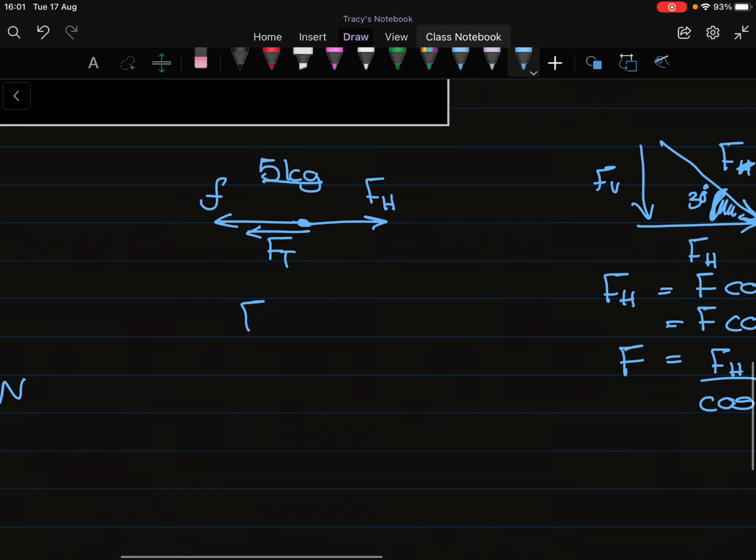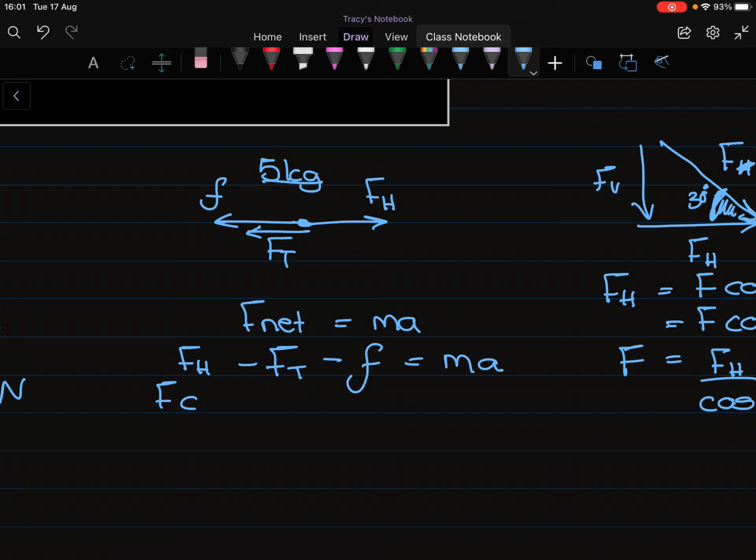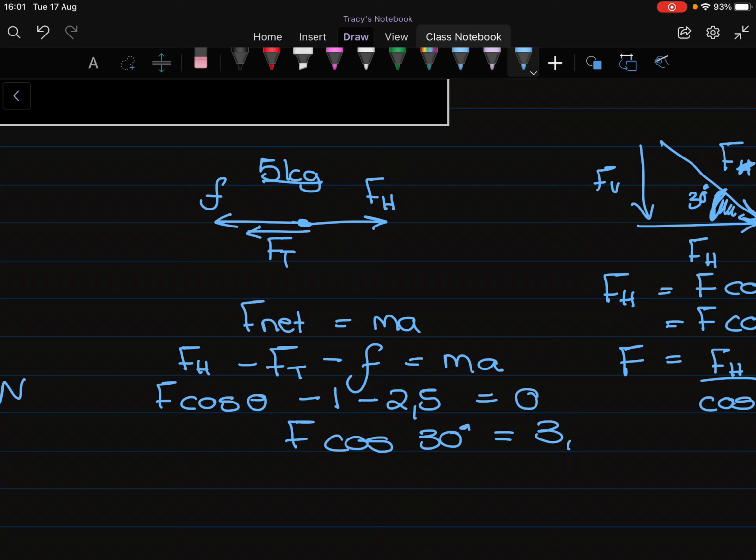So again, F net equals MA. FH minus tension minus friction equals MA. F cos theta minus 1, we just worked that out, minus 2.5, that was given, equals 0. So F cos theta is equal to 3.5.